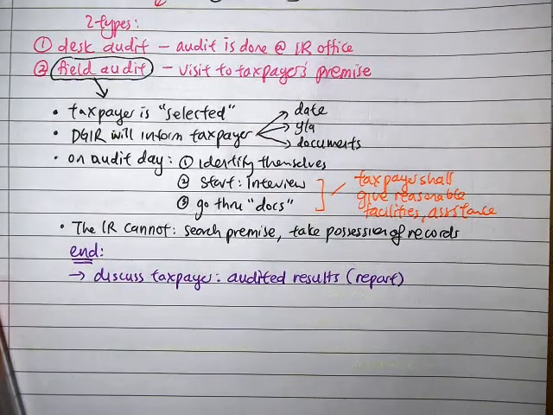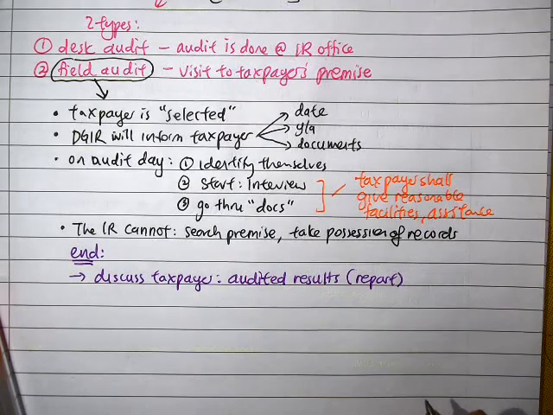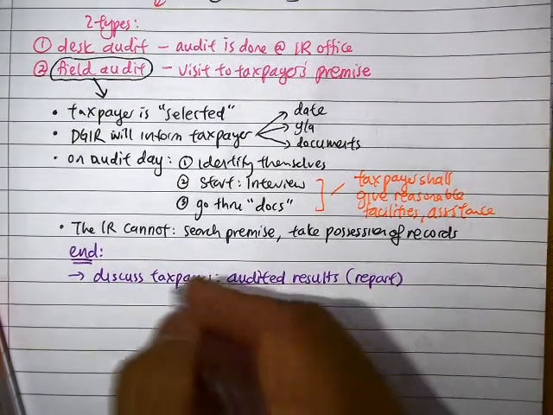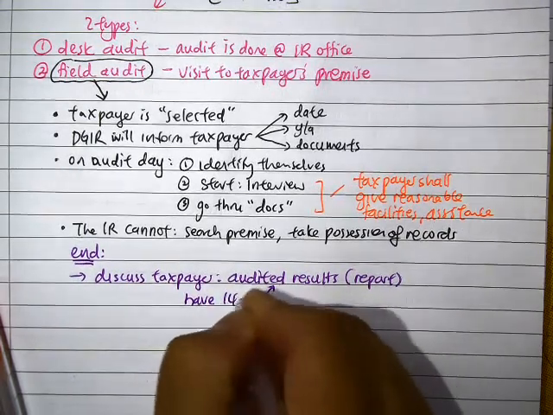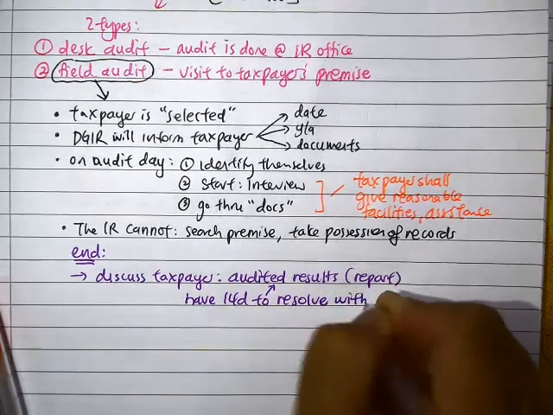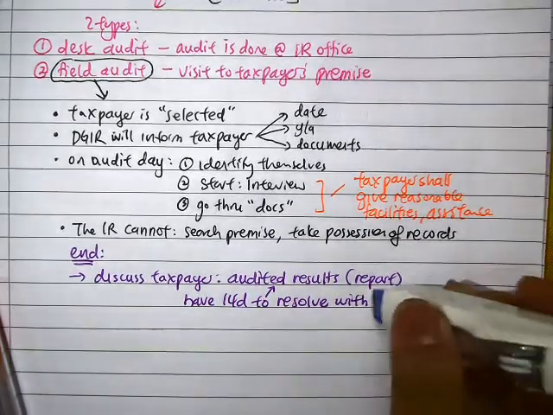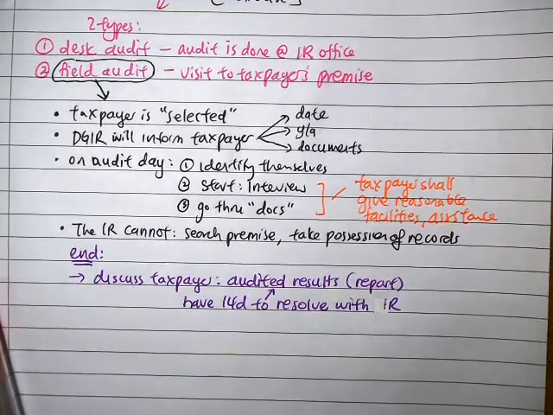Then he'll give you a report, and he will tell you based on that you have an understatement of tax of how much and stuff like that. Now, once you see that, you normally have 14 days to resolve the issue with Inland Revenue. Okay, you have 14 days.